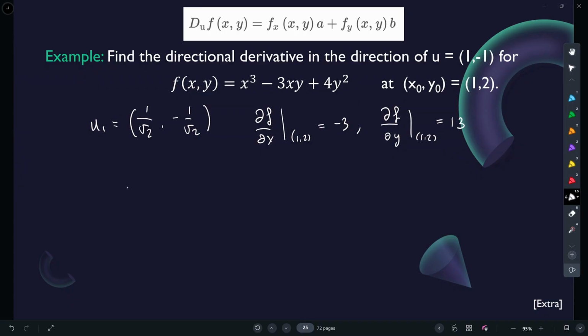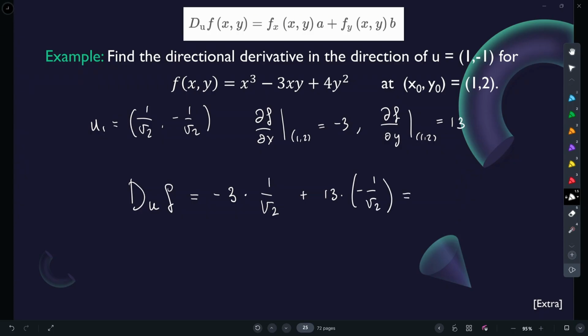So now the directional derivative of f will be the derivative with respect to x evaluated at the point, so minus 3 times the first coordinate, 1 over the square root of 2, plus 13 times minus 1 over the square root of 2.